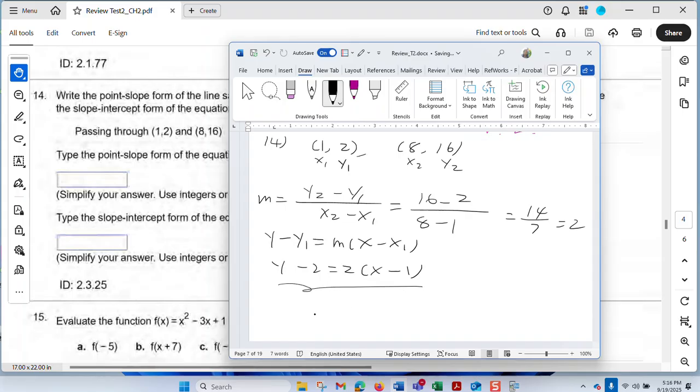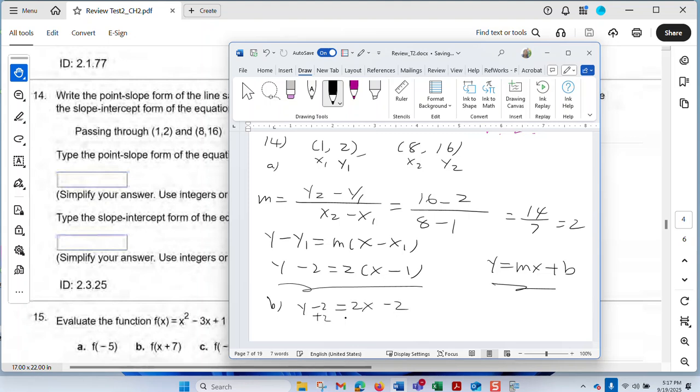And then if you want to find the slope intercept formula, that means you need to write y equals mx plus b. Actually, you don't have to go find a b. You just need to organize this equation and make it into this formula. All right? So we go y minus 2, multiply this one in, 2x minus 2, right? And then we just add 2 on both sides.